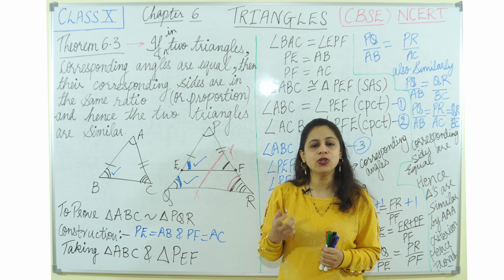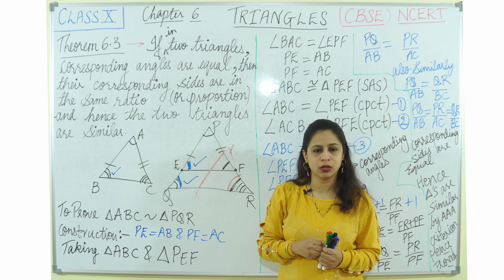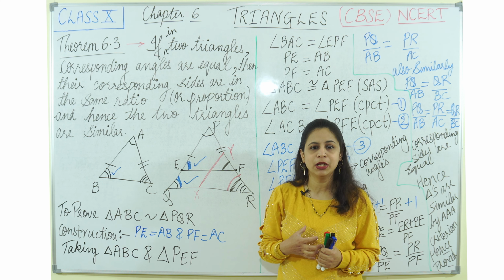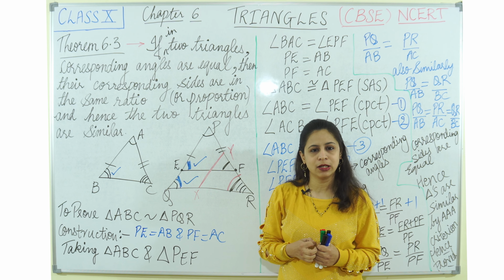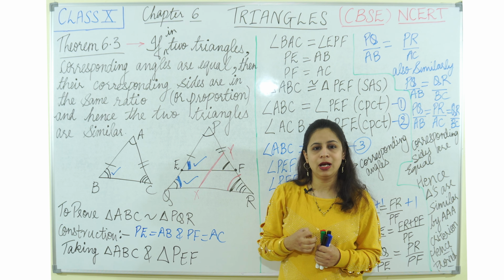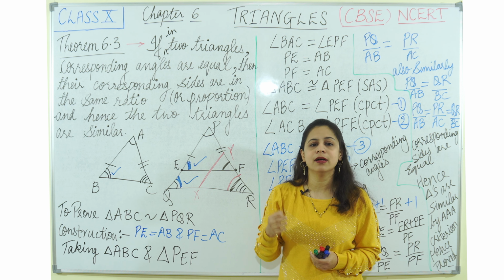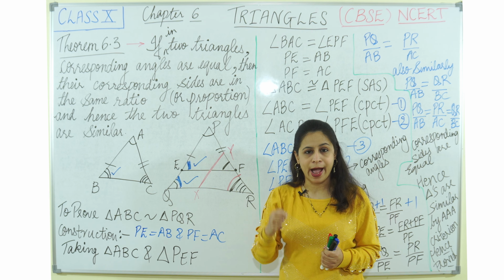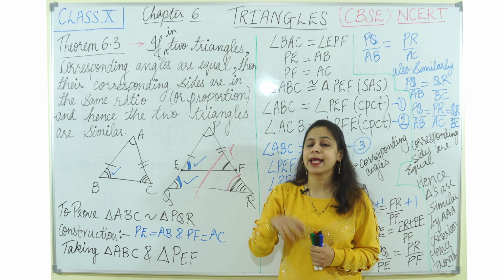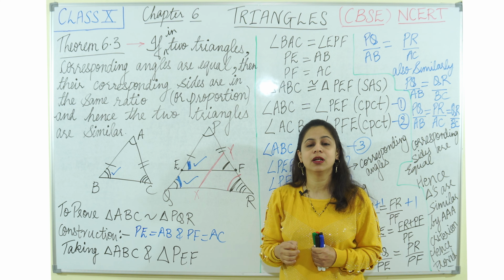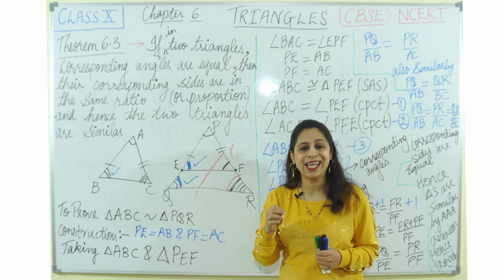That criterion is said to be the AA criterion. So the triangles can also be similar by the criterion of AA.